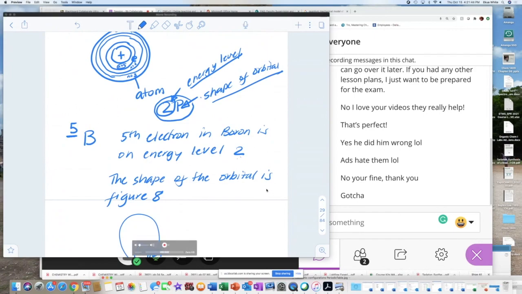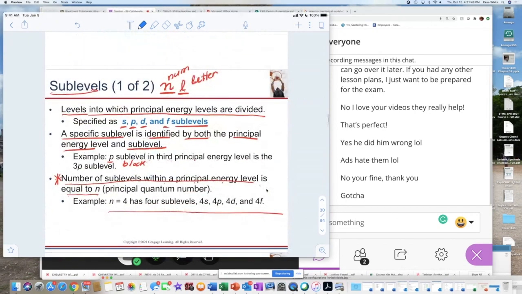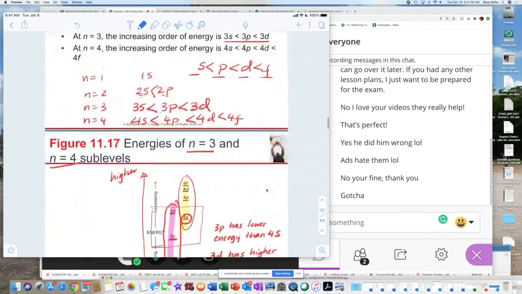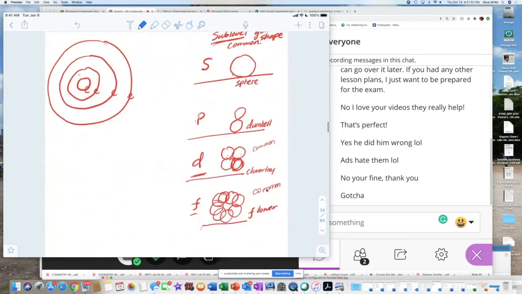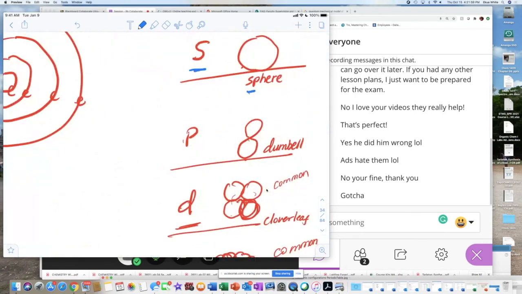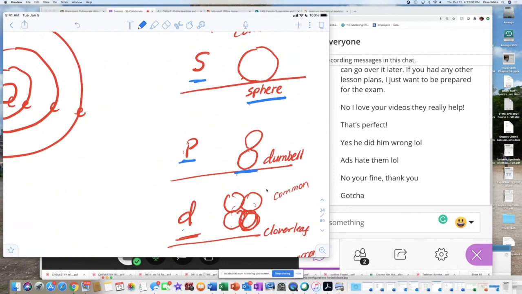So what I'm going to do then, as I continue this, once again, I'm talking about what we talked about, the different information, but I'm approaching it from a very different level. So let me see. I did show you all of this, the shapes right here. The S shape is a sphere. P is figure 8. D, so it looks like each time the number of circles are doubling, right?